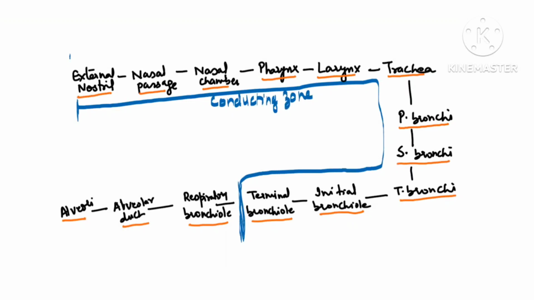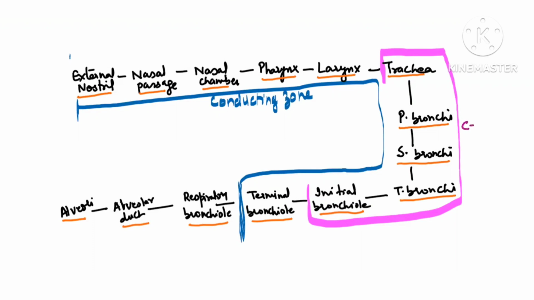Now, next, see carefully. Starting from trachea, I'm just writing it from here. Trachea, primary bronchi, secondary bronchi, tertiary bronchi, till initial bronchiole. Up till here, they all are having C-shaped cartilaginous rings.